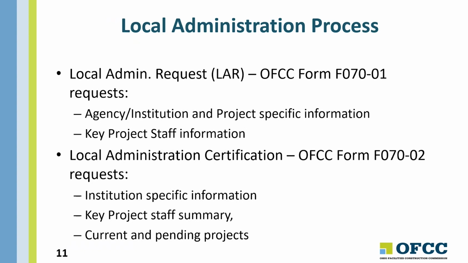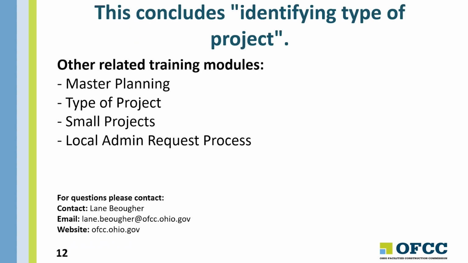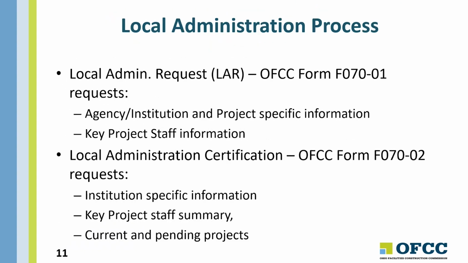Local administration certification, which is the purpose of this training, is applied through form F70-02, and it also requires institution specific information, key project staff, including resumes, current and pending projects, and that's pretty much it. It is usually done once at the beginning of your certification, and then there's a requirement to reapply for certification every 2 years when a capital bill is passed.